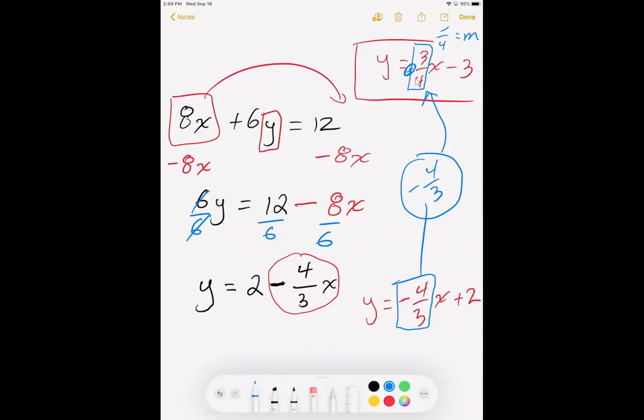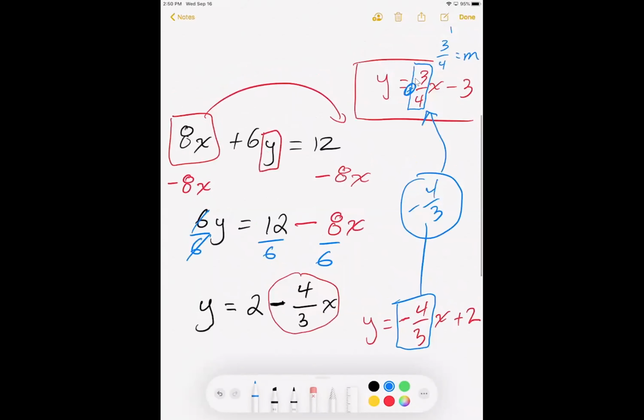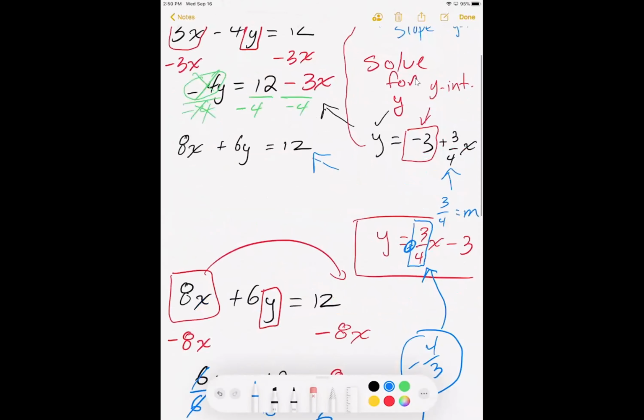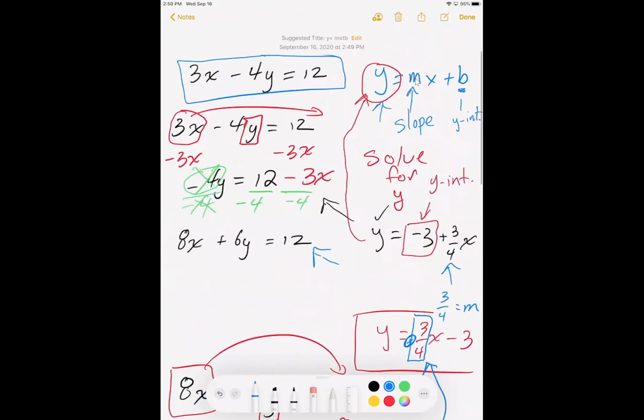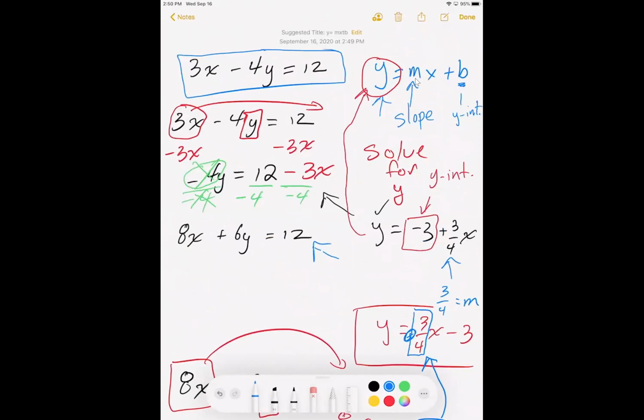Because they are an opposite reciprocal, everybody see that line one. Line one, I did all of this, and my slope is equal to 3/4. My slope, let me say M1, the slope of line one, is 3/4. And my M2, the slope of line two, is negative 4/3.